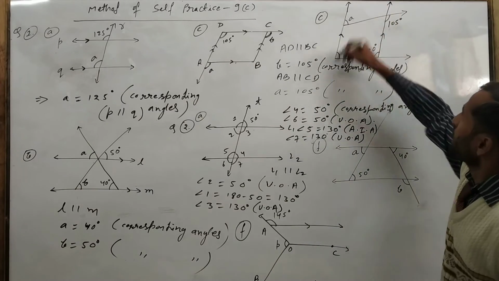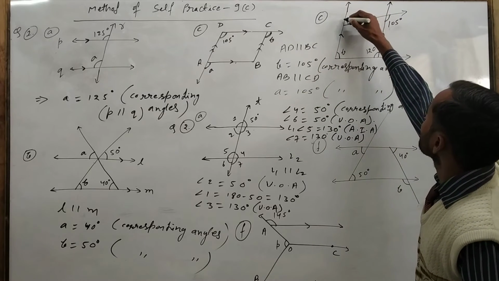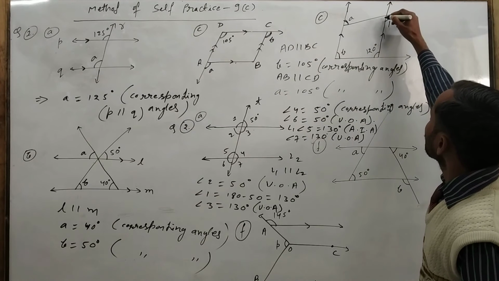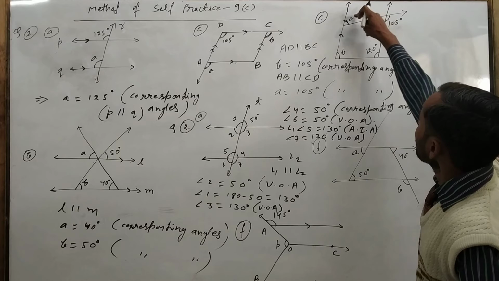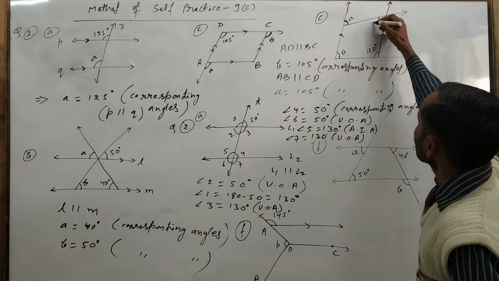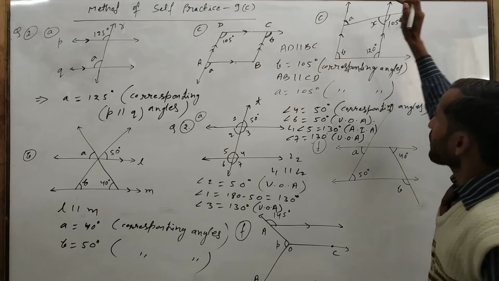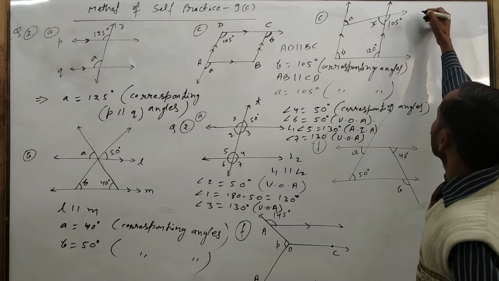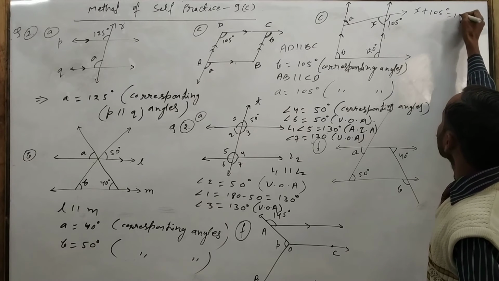So just you see, these lines are parallel and this one is the transversal line. How will we find it? First of all, we will find this angle, then we can find A. Suppose the value here is x. So x and 105 degrees are linear pair angles. So x plus 105 degrees is equal to 180 degrees.